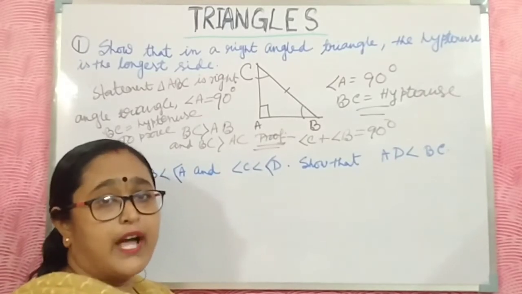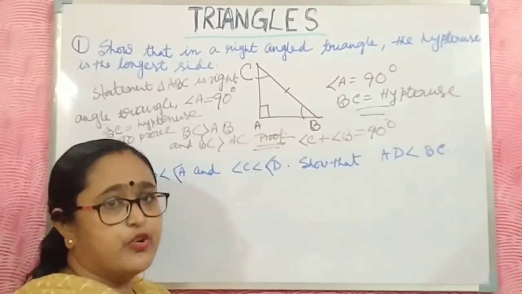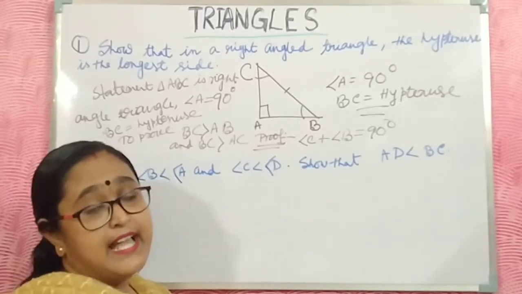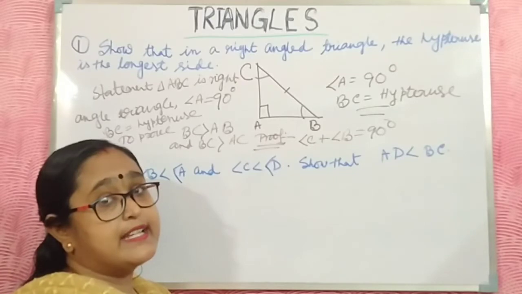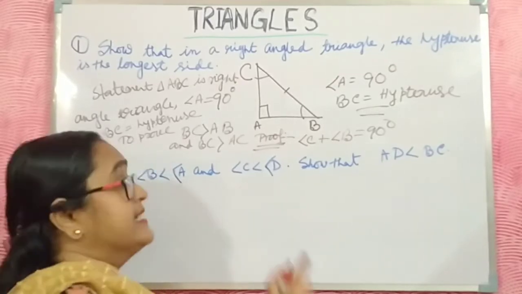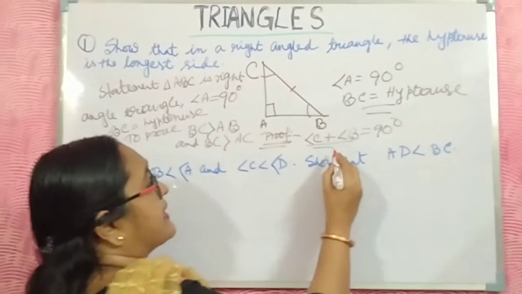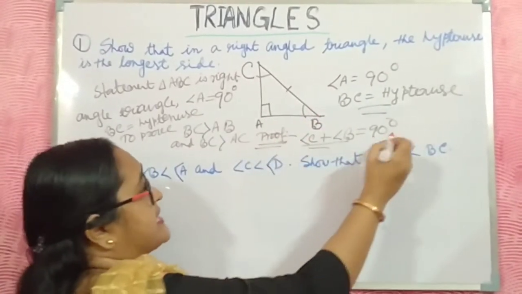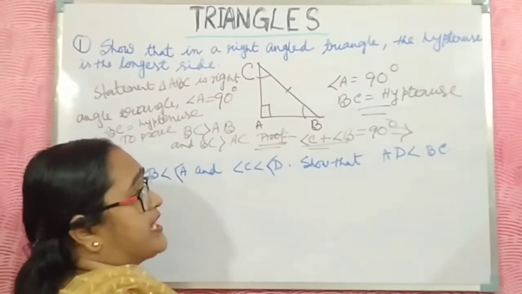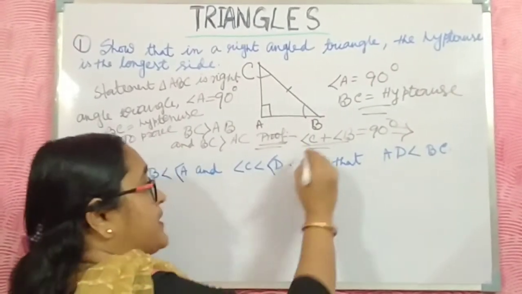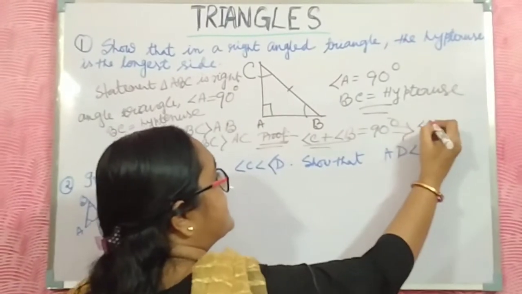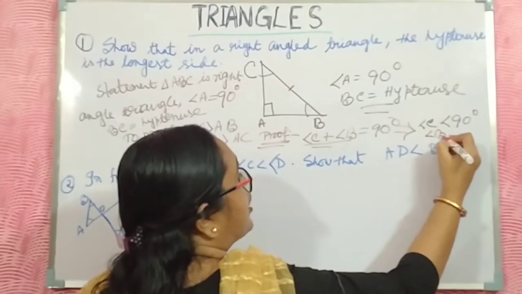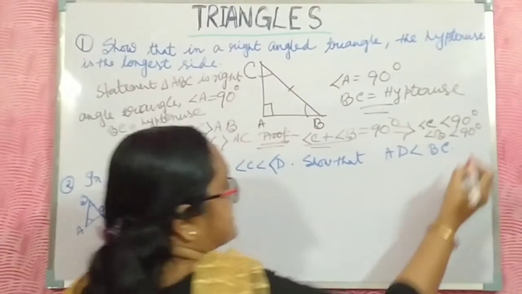And as I discussed in my previous video, the opposite side of the greater angle is greater and the opposite side of the smaller angle is smaller. These two angles make 90 degrees, so obviously from this theorem, angle C is less than 90 degrees and angle B is also less than 90 degrees.